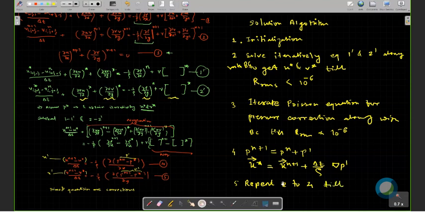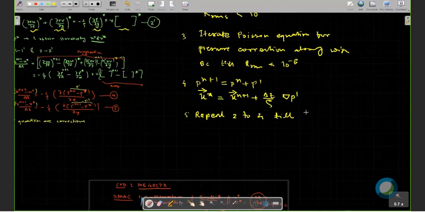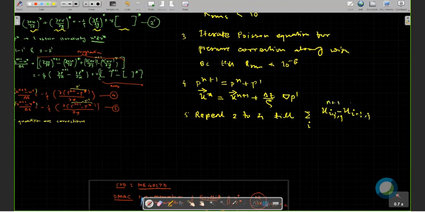So what is that criteria? You can say, till the sum of the values u i at n plus 1 and n-th level, where i can be ij, meaning i plus half j, divided by N total, where N total means the total number of grid points, should be less than some small number, say 10 to the power minus 6.